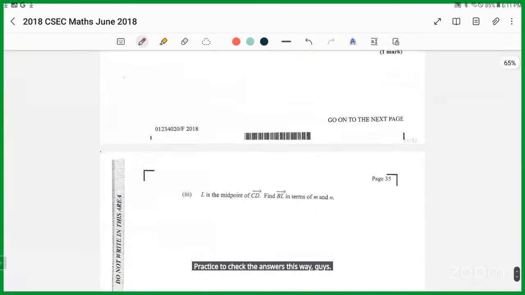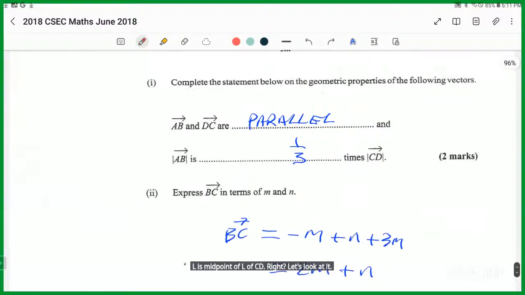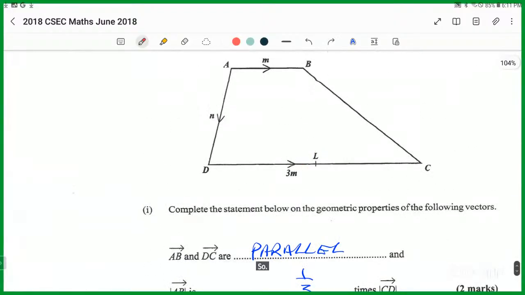Alright, down here now, it says L is the midpoint of CD. Let's look at CD. So this is the midpoint. Now, if the whole thing here is 3M, it means that from this to this is 3 over 2 M, and from here to here is also 3 over 2 M. Half of 3M is 3 over 2.